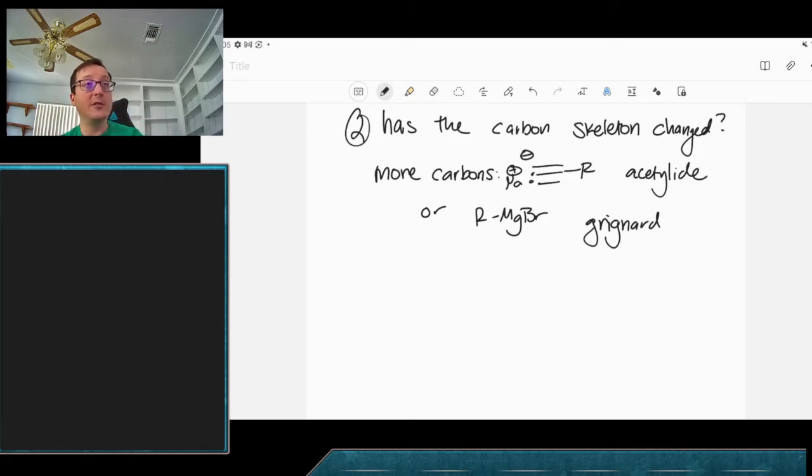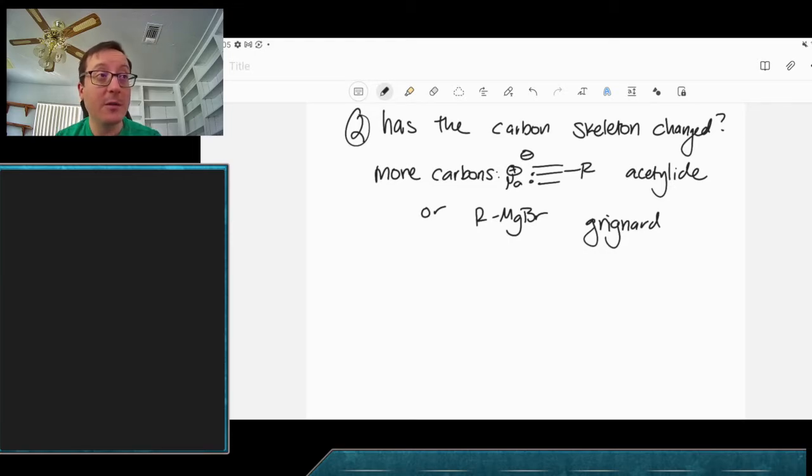Those are the only two ways we have to add carbons to our structure. And we can add as many as we want. Your acetylide could have 4 carbons, it could have 8 carbons, however long your acetylide is going to be. Although it is typically a fewer number of carbons.